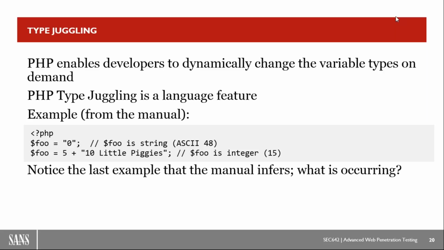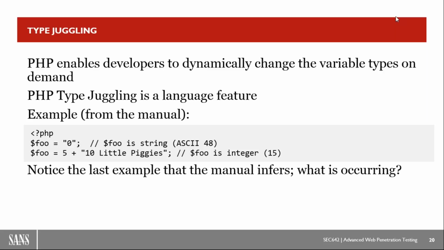The way PHP works is it tries to infer, by default, what kind of variable you're passing. In my simple example, if I have a variable called foo and I make foo, in quotes, a 0, it will type infer that as a string, even though it's the number 0.